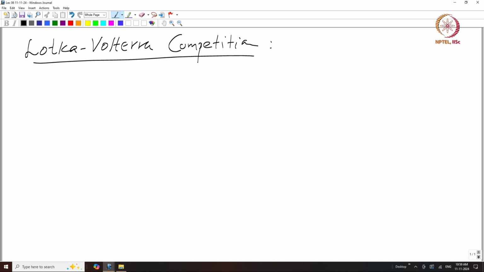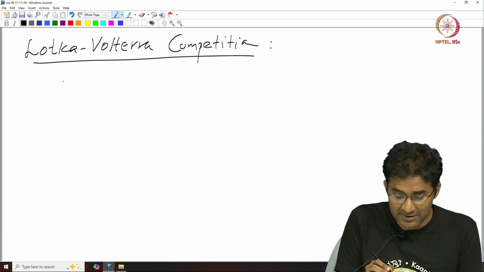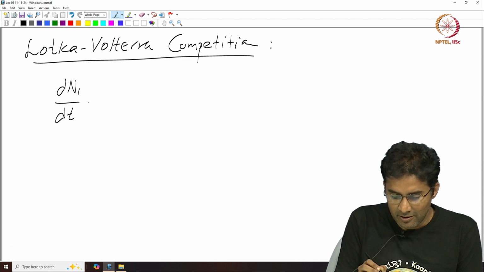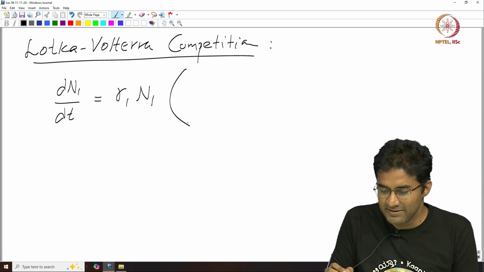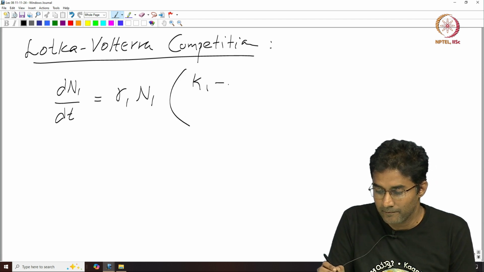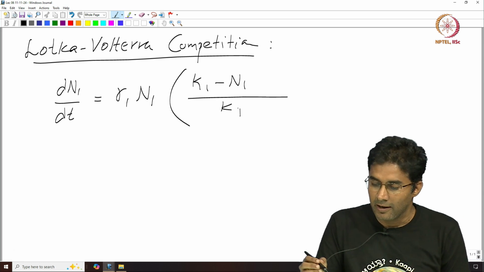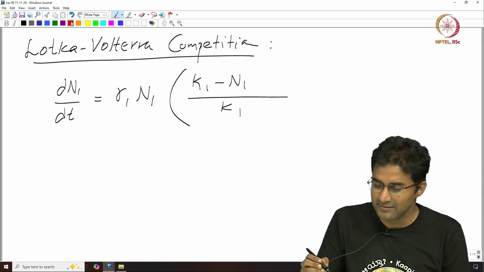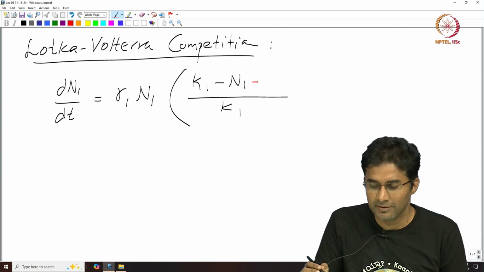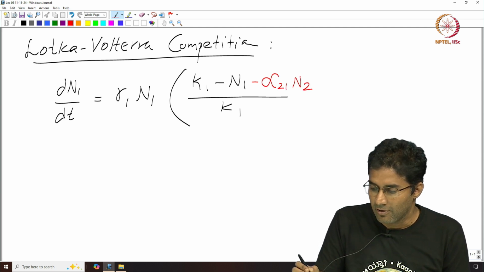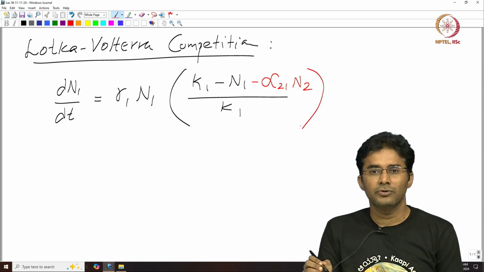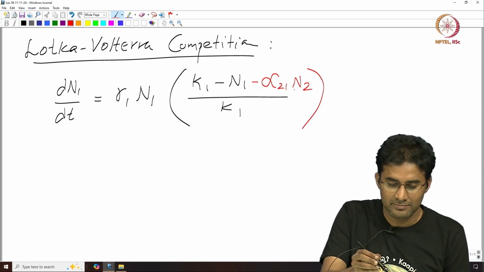So, remember that the basic premise was that both the species follow a logistic population growth in the absence of other species. Okay. And the key point here is that due to competition between species 1 and 2, you have this additional term.